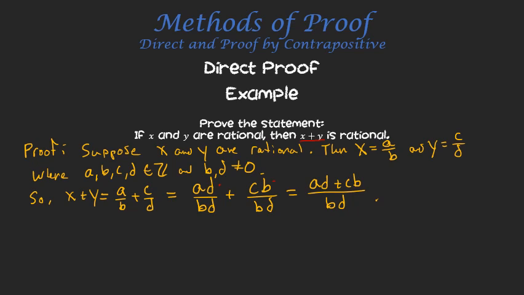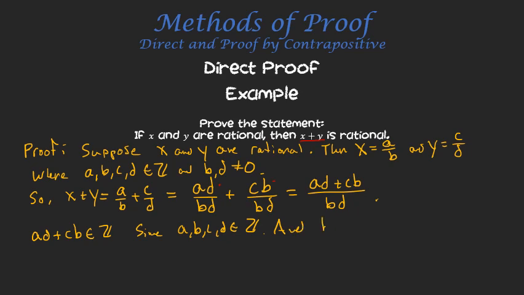And so it looks like now we've written this as an integer divided by an integer. So let's go ahead and double check that. ad plus cb will certainly be an integer, since a, b, c, and d are integers.